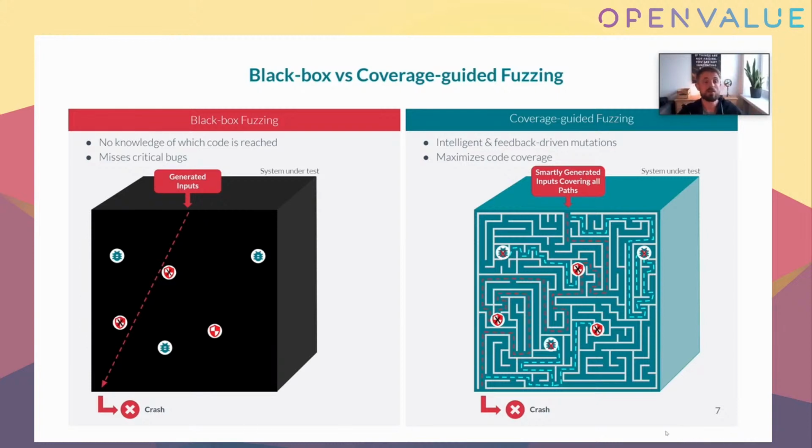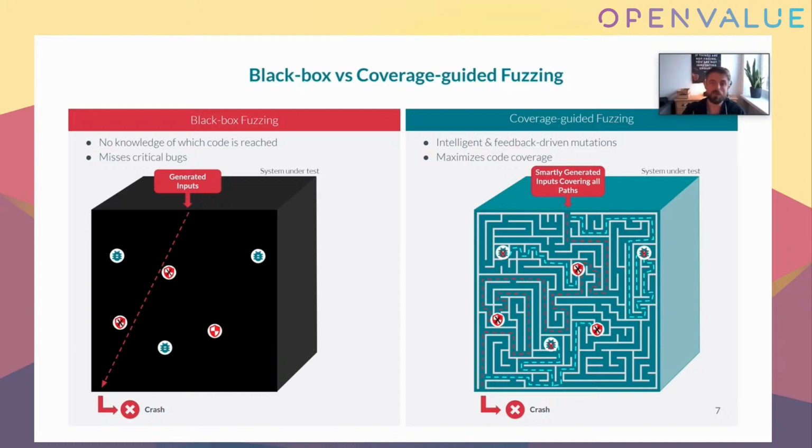And this way you can reach some specific code coverage. But because you are doing black box testing here, you don't really know without feedback what's happening inside the application. So you don't have information about what code is reached.